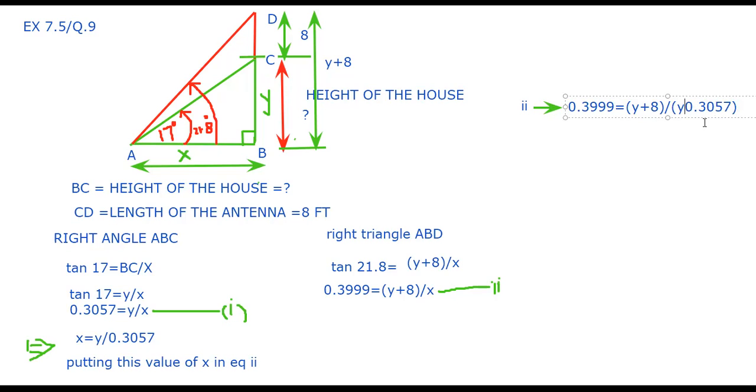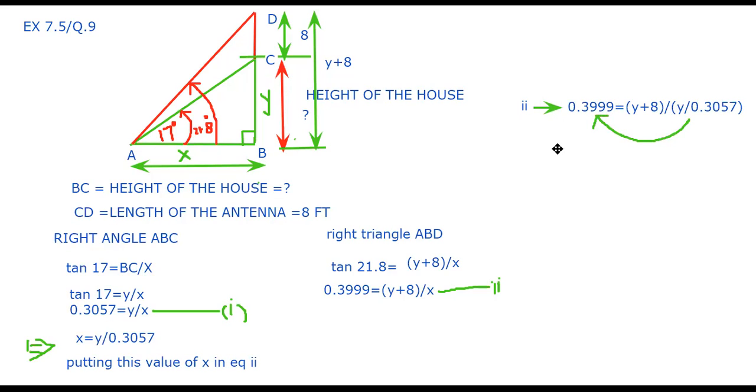So you can see that this is y divided by 0.3057. I need to show the cross multiplication now to separate the variable y. This denominator will be multiplied with the other side.